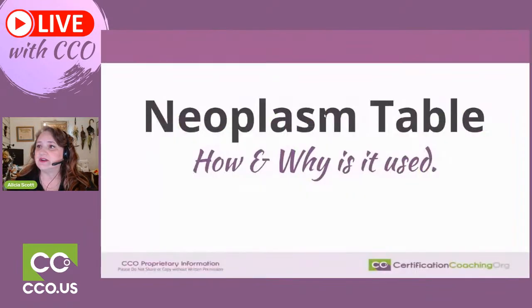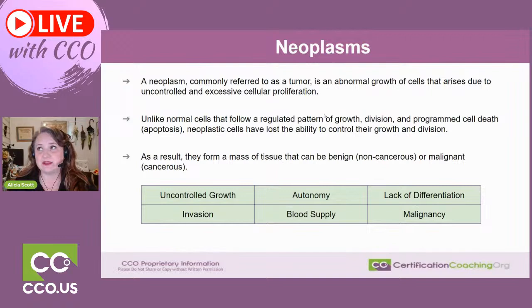Let's see here. Let's talk about neoplasms themselves. We've got to get to the basics. Let's decide what's your knowledge base on neoplasms. And neoplasm ultimately has multiple terms that it can be used. It can be a mass, it could be a tumor.